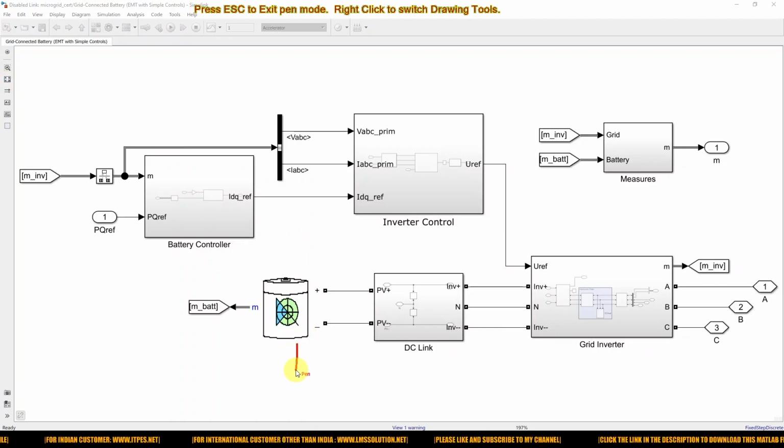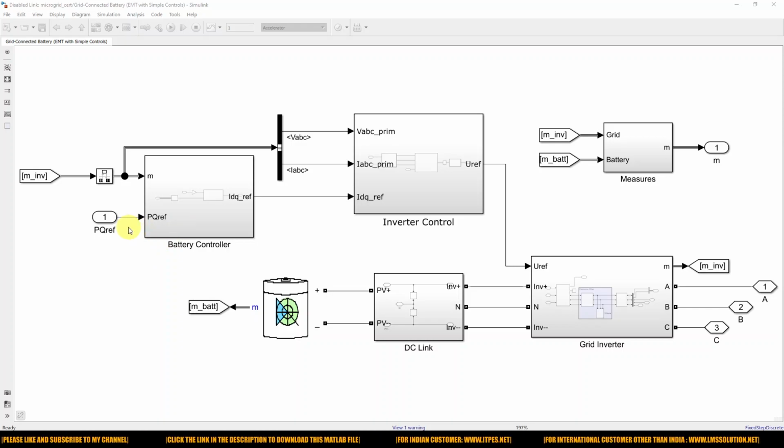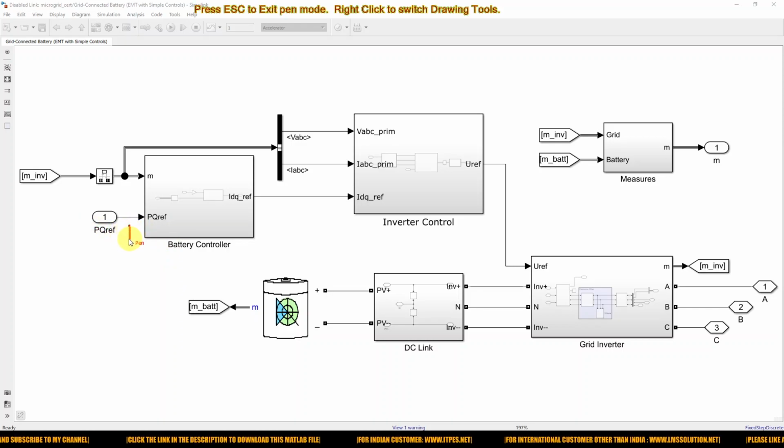So we have the battery and then DC link capacitor and grid inverter along with the transformer. And also it has a battery controller and an inverter controller. In the battery controller we have to provide a PQ reference.